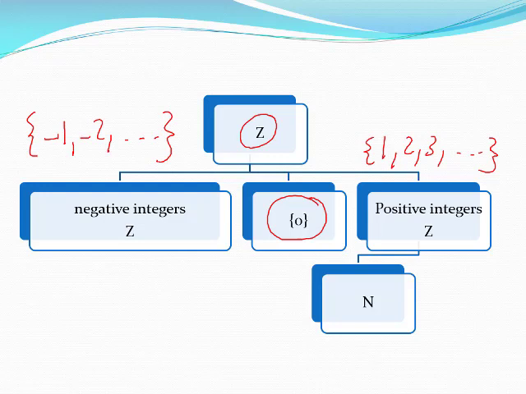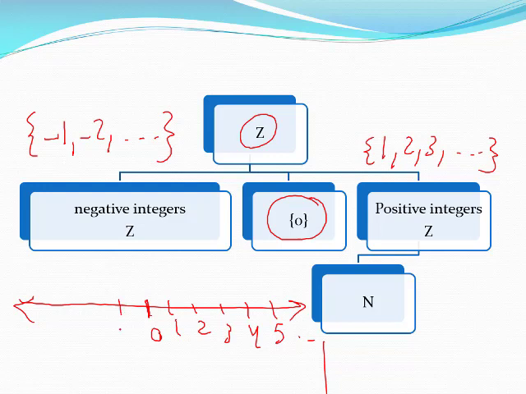So let's draw the number line for the set of integers. We first write 0, and then we write the positive integers 1, 2, 3, 4, 5, and so on. And then we write the negative integers, negative 1, negative 2, negative 3, negative 4, and so on.